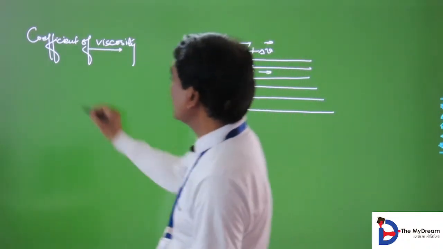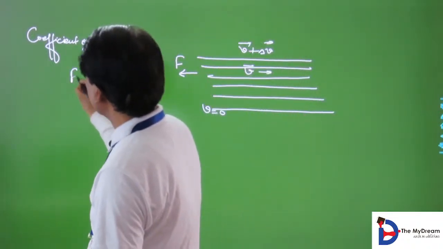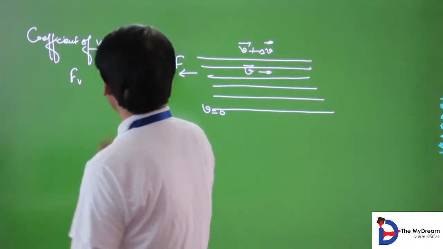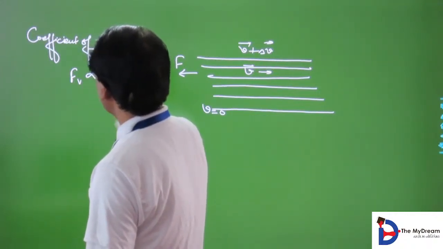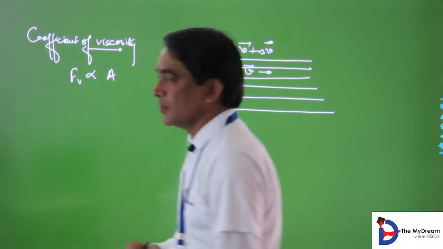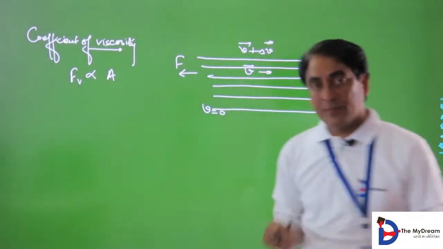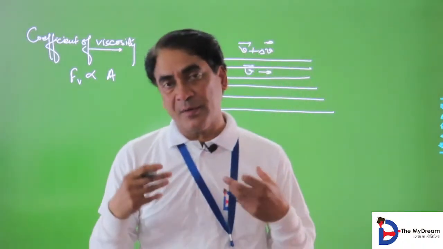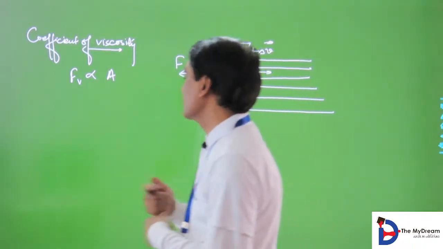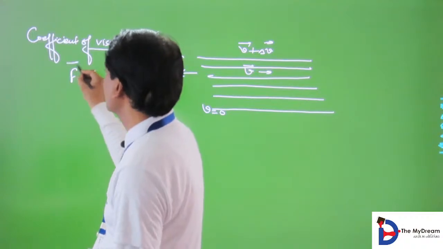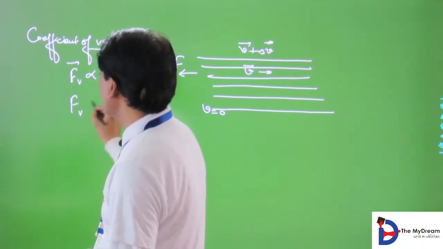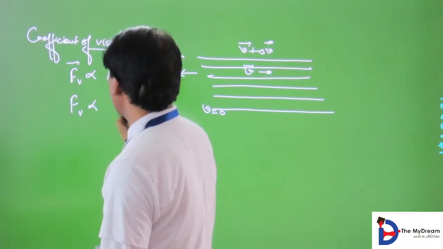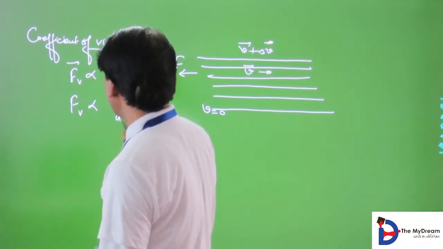The viscous force is directly proportional to the area of contact of the layer. Second, the viscous force is directly proportional to the velocity gradient.